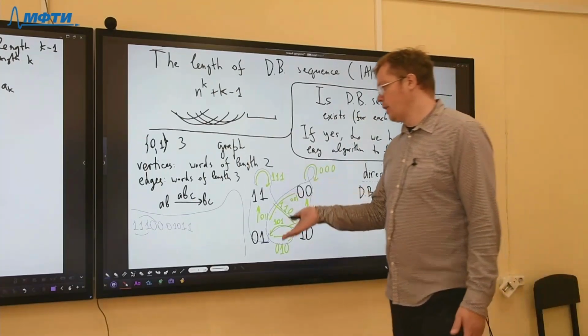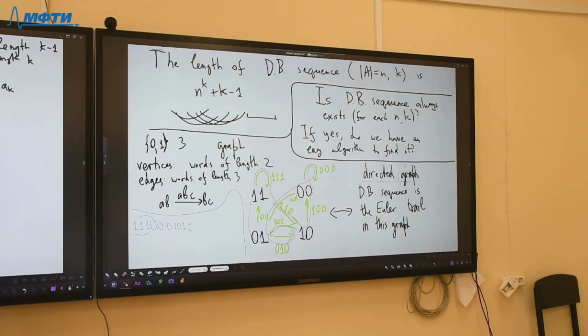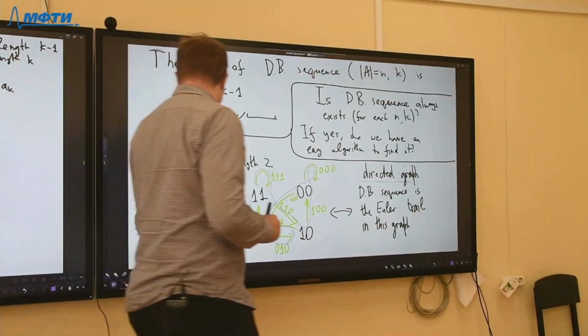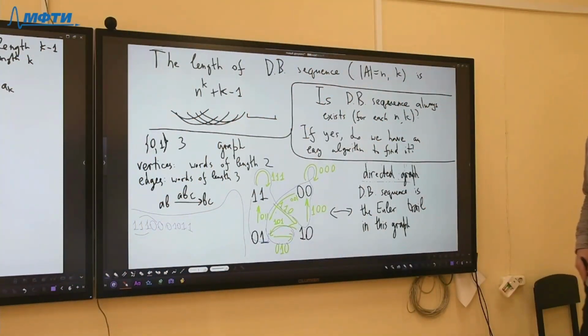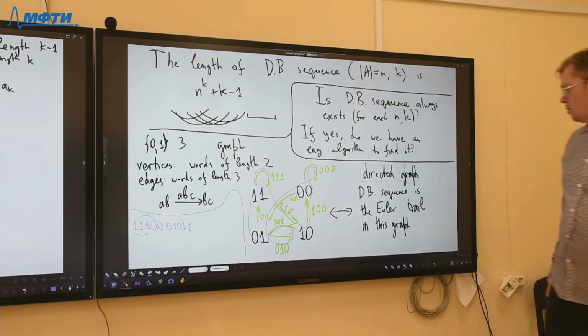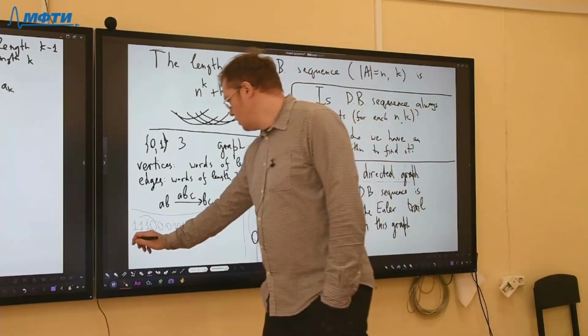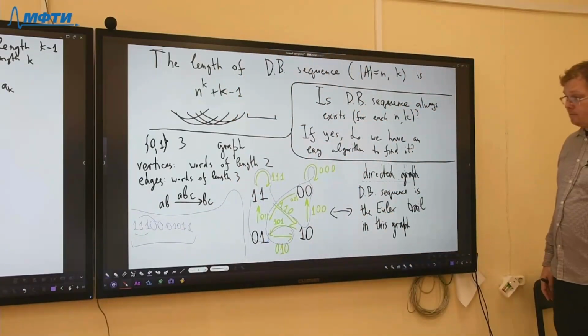So okay, we can write them in a circle, not as a circular sequence, but it's not the point right now. So we have our de Bruijn sequence just as an Euler trail in this graph.